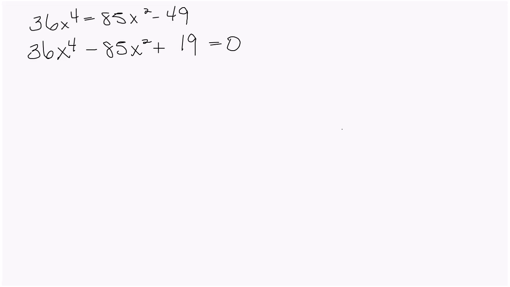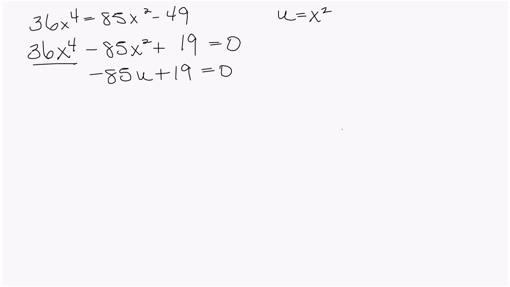This is the one where you say u is equal to x squared, and then you insert u in for everything that's x squared. So this is going to become negative 85u plus 49.